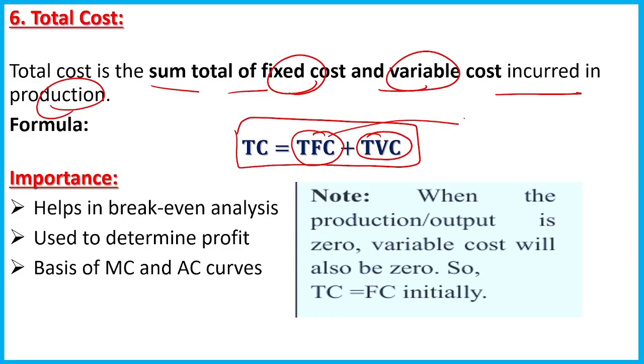Total fixed cost means all the fixed costs that you have summed up, for example, land and building, plant and machinery, or other such expenses. If you total all this up, it will be your fixed cost.